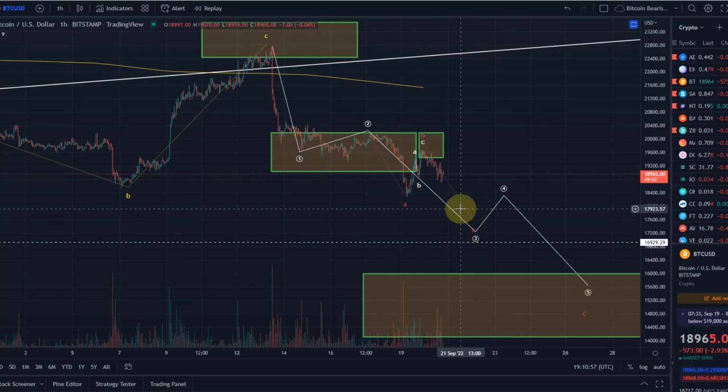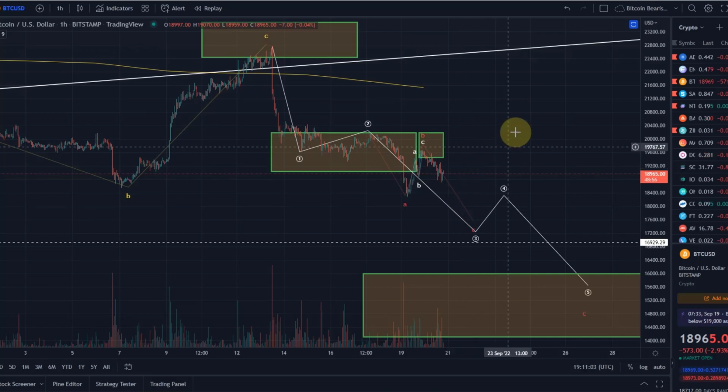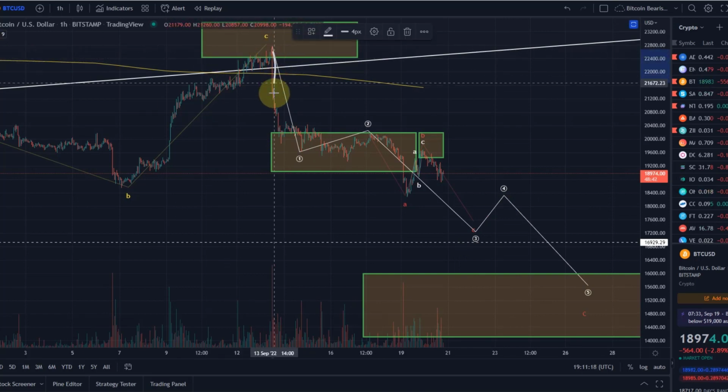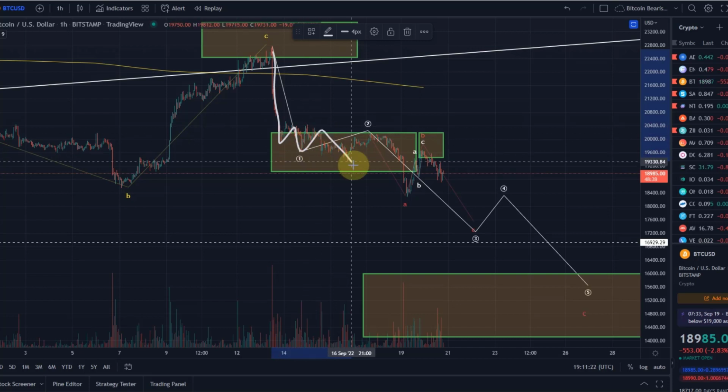This has become very likely due to the choppy price action that we're doing here. This is possible because the wave 1 can be counted as a 3-wave move. So again, here you have an ending diagonal. Each of these subwaves has 3 waves. Wave 1, ABC. Here as well, ABC.